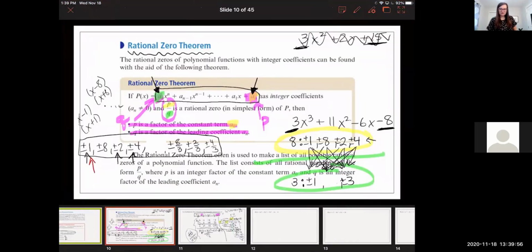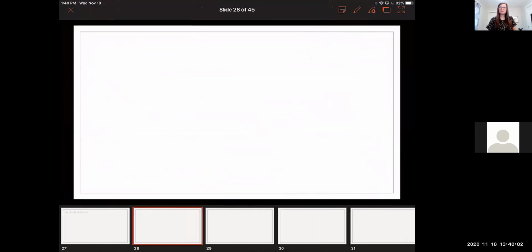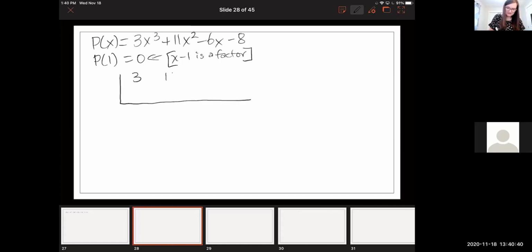So now that I know that, let's go back to the polynomial. Because we checked p of 1 was 0, that means that x minus 1 is a factor. So you might want to just now practice your long division strategies, and perhaps you want to do the shortcut way of synthetic division.